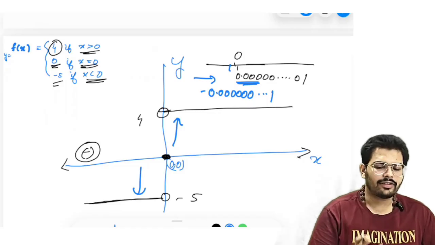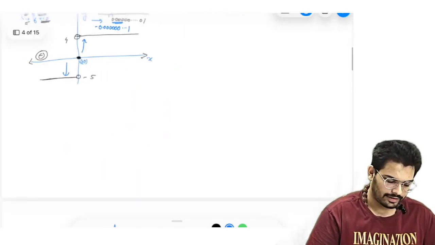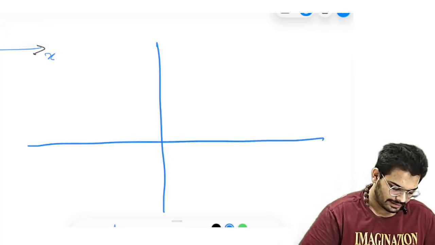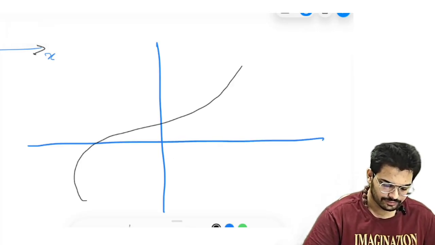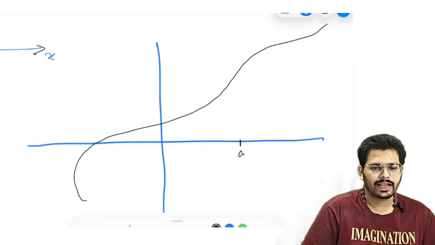Now, in order to check continuity, we actually use limits. Why? For example, if this is a continuous function's graph, you need to find the continuity at x equal to a.